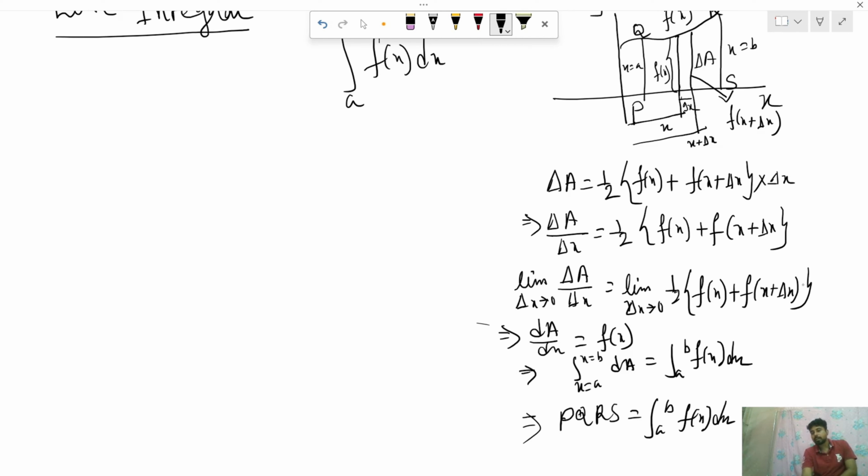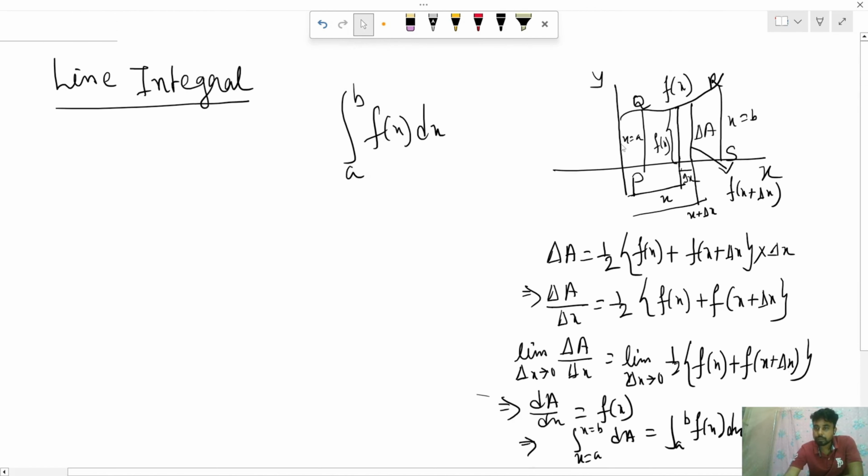So finally we get integration over a to b f(x) dx is the area of PQRS. And what is the area of PQRS? It is the area bounded by x equal to a, x equal to b, the x-axis and the given function.